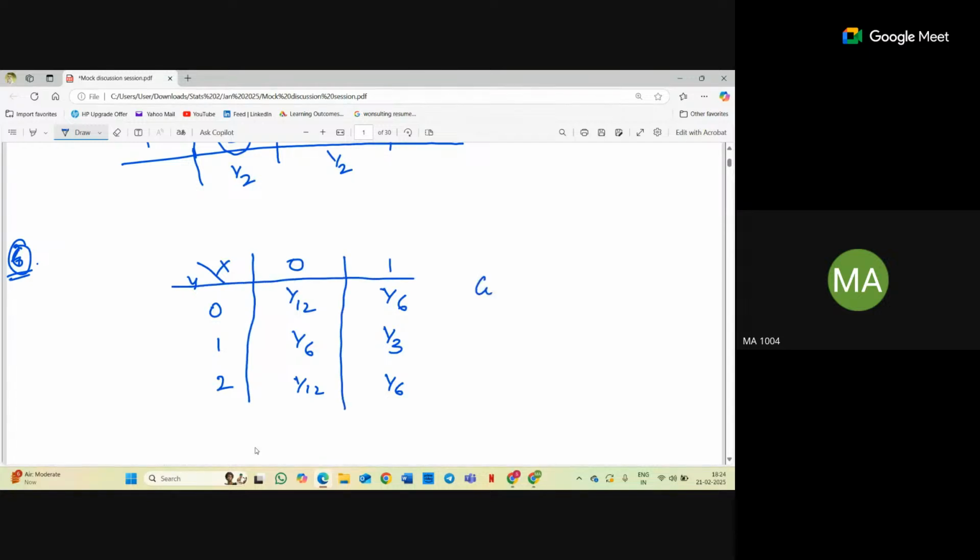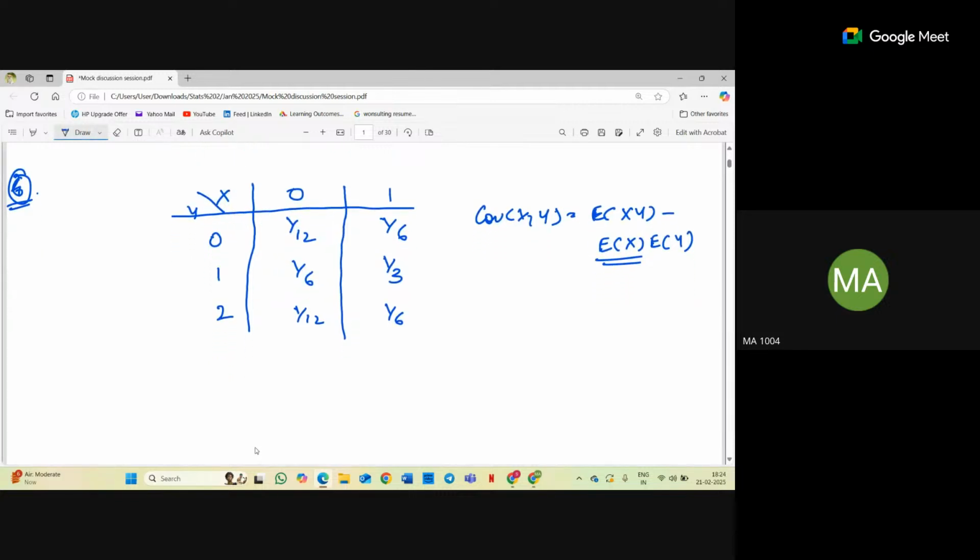Okay, so before that, covariance of x comma y is expectation of xy minus expectation of x, expectation of y, correct? So first of all, we will find the expectation of x. So let's find the total.